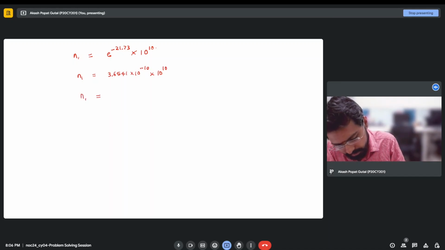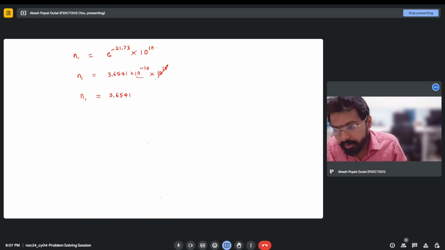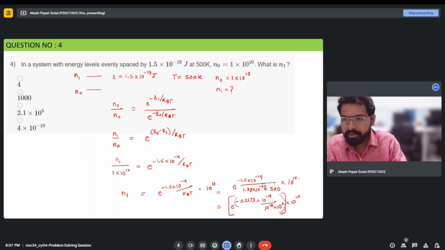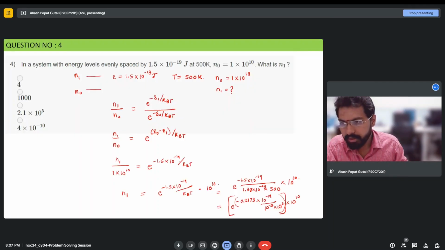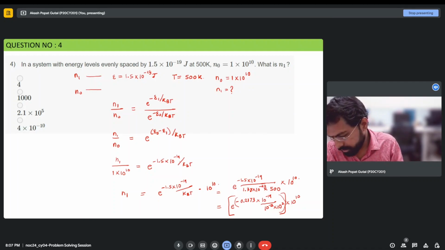So N1 will be, 10 raised to 10 will cancel out, and then 3.6541, which the options are given, which is near to, if you convert it into integer, that would be near to 4. Answer should be Option number A4.